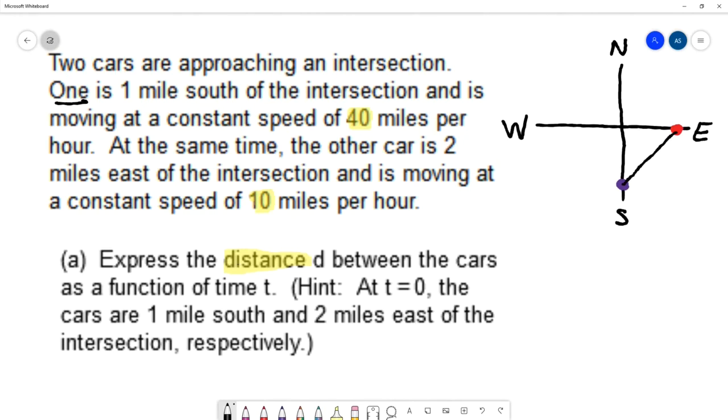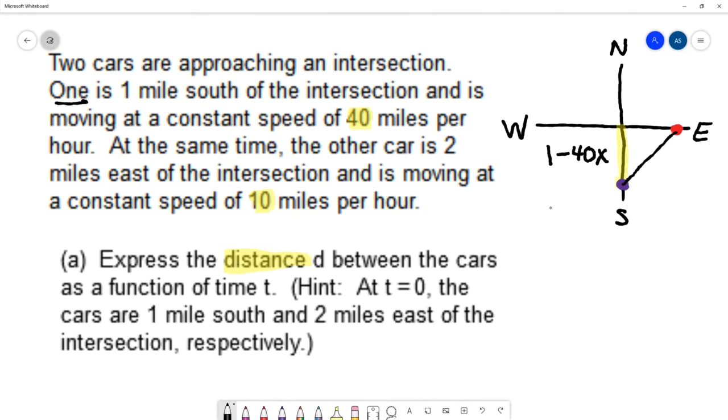So what I'm going to do is represent this distance here between the car and the intersection. It starts off being 1 mile, but that distance is getting smaller because of me traveling towards the intersection. I'm traveling at 40 miles per hour, so I'll say 40 times x. So 1 mile minus 40 times x.